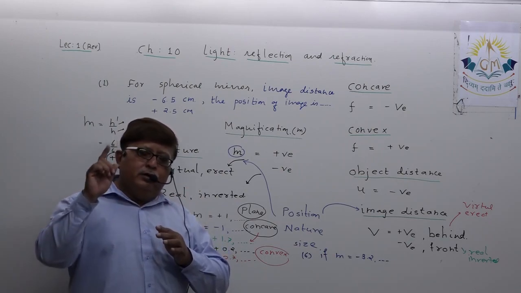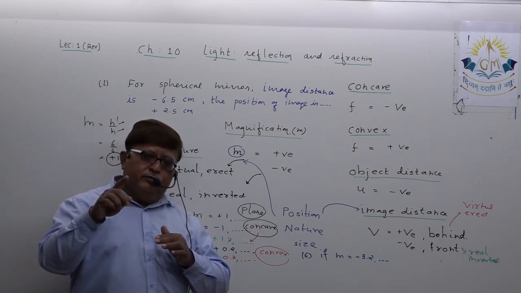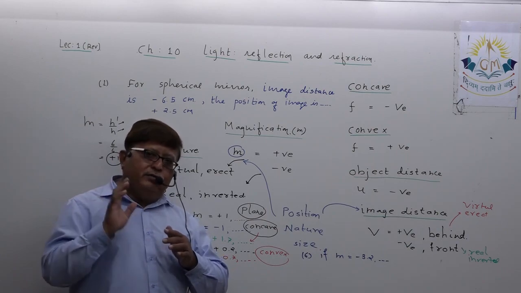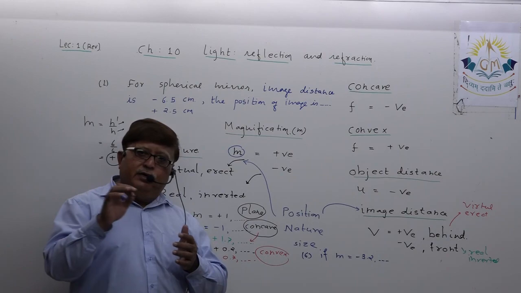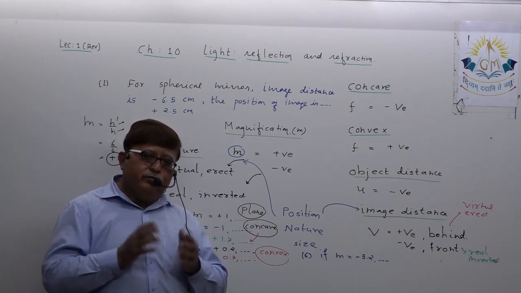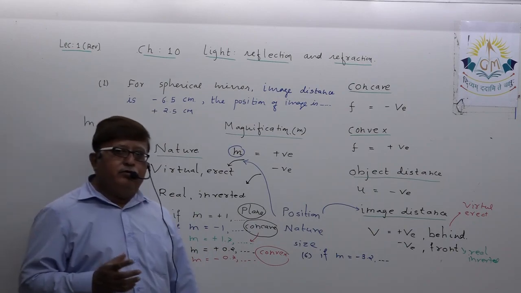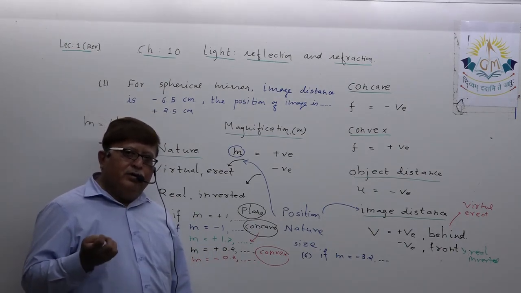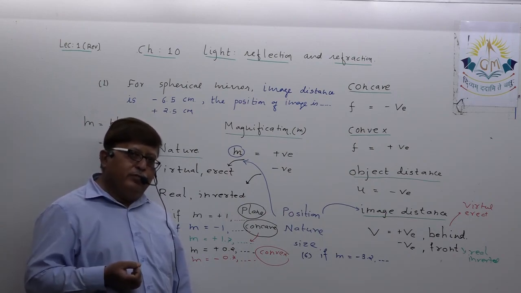Concave mirror: real inverted smaller, real inverted same size, real inverted larger, virtual erect larger. Convex mirror: remember only one, virtual erect diminished image. This way you need to be conceptually very, very strong, dear student. Then and then you will get mastery in solving any example asked to you.